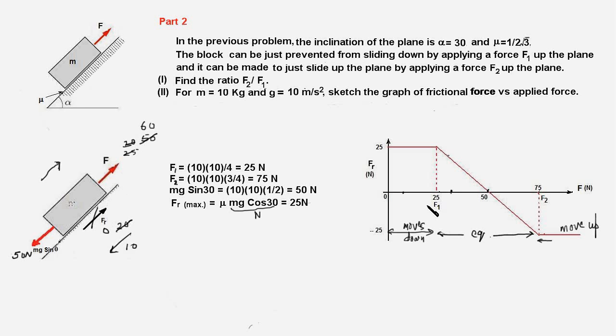So somewhere here at 60 newtons, the friction force is 10 newtons, but since it is pointing in downward direction, its value is minus.